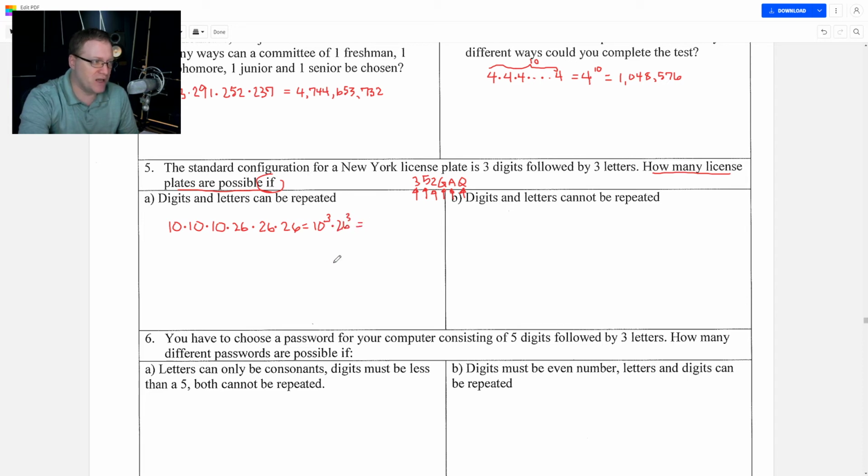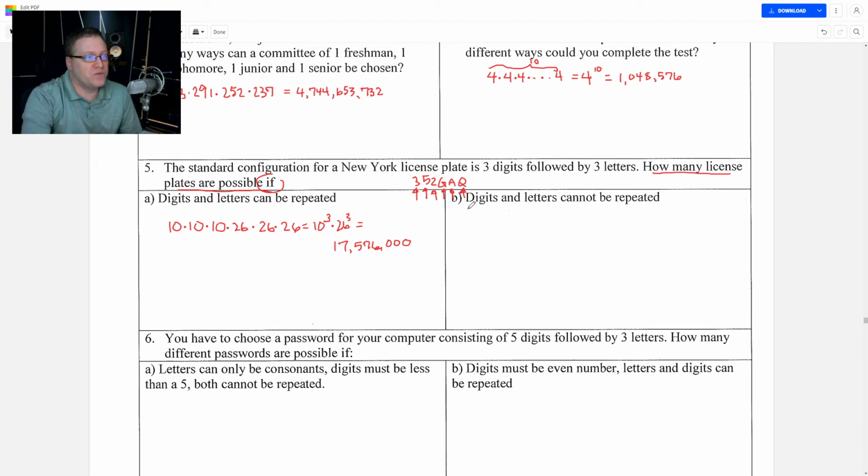And if you put that into a calculator and calculate it out, you get 17,576,000. Okay. So that's our answer.